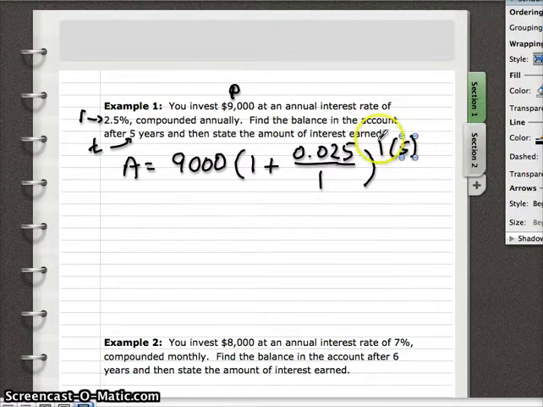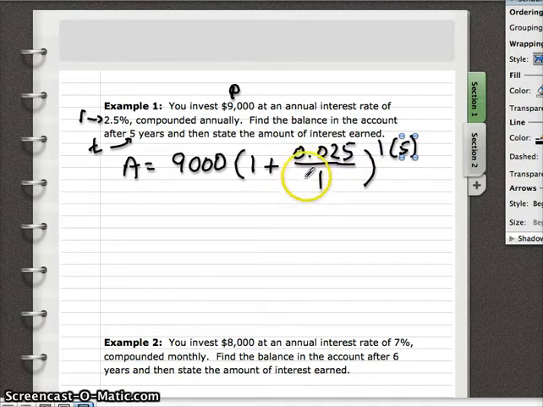You can simplify a little bit if you want. 1 times 5 is obviously 5, so you don't have to use both values up there, you could just put a 5. If you plug this into a scientific or graphing calculator as is, it may not give you the correct value because it doesn't necessarily know what to do first, so you'd have to use more parentheses.